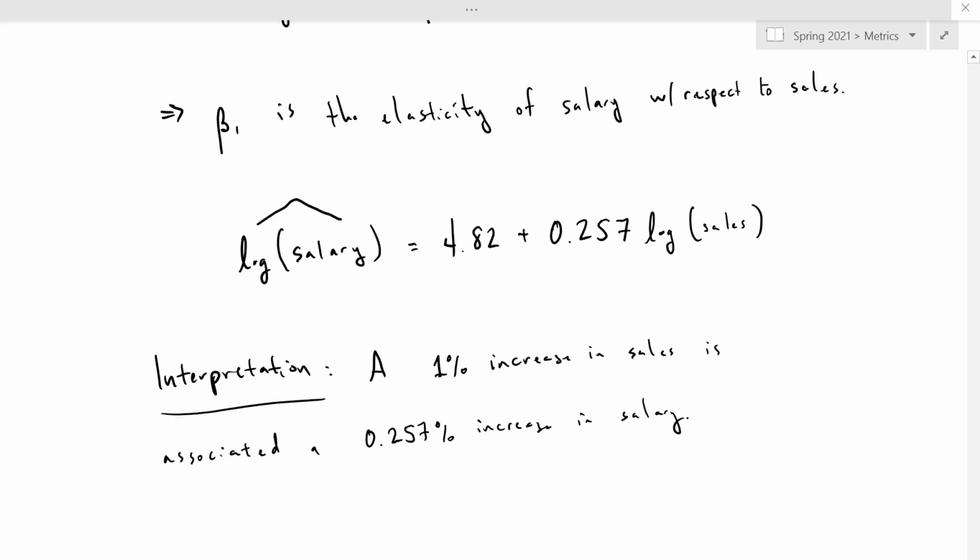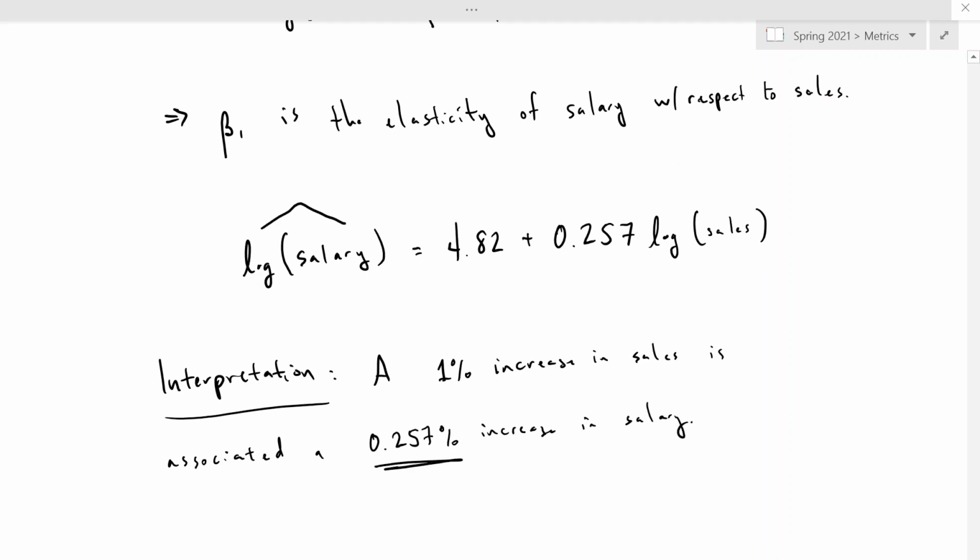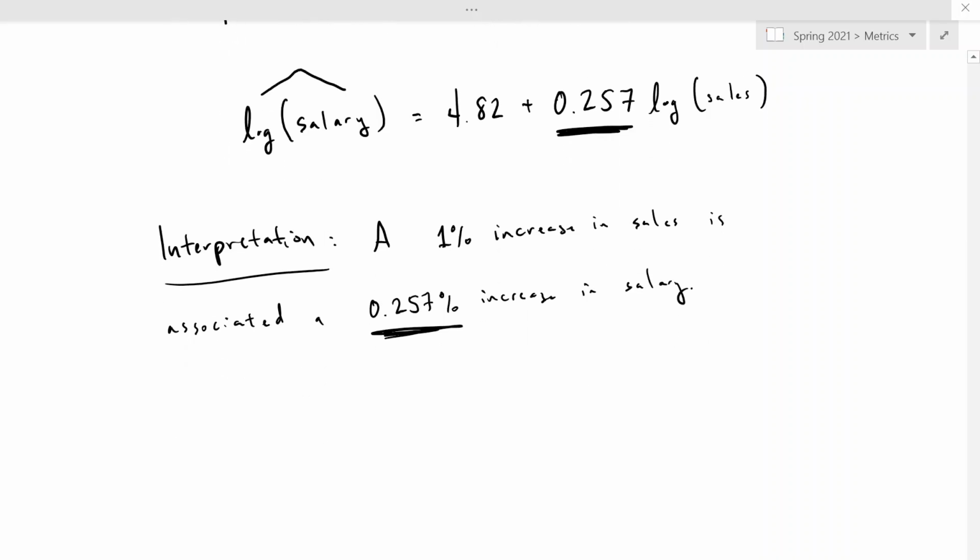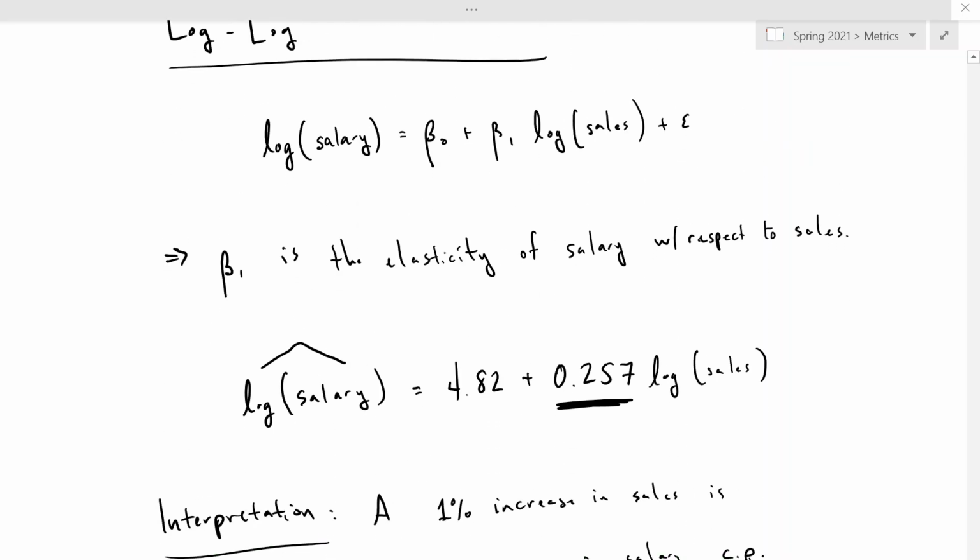And I do want to note that this is 0.257%, not 25.7%. It's already in percentage terms when we do a log-log model. So this is 0.25%, not 25%. And then again at the end, always remember ceteris paribus, everything else held constant.